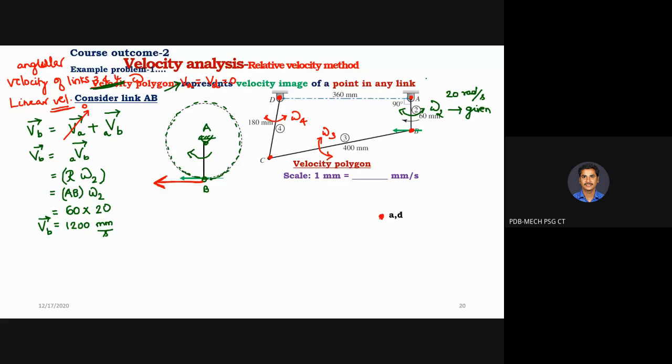At which points is velocity zero? A and D. Both A and D are taken as reference, so in red color the origin indicates A and D, where velocity is zero.